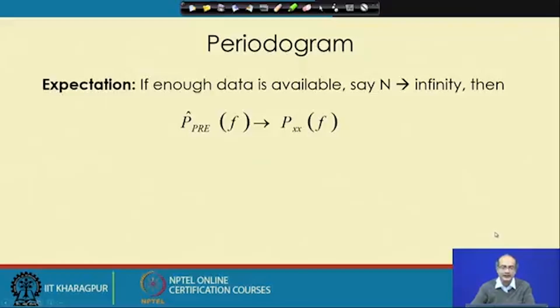Okay. And to create the difference, two things we have done: we have used the suffix PRE here for periodogram, and because we are computing it, we are getting just an estimate out of the given data. So, we have used this hat. Okay. So, these two things we have done.